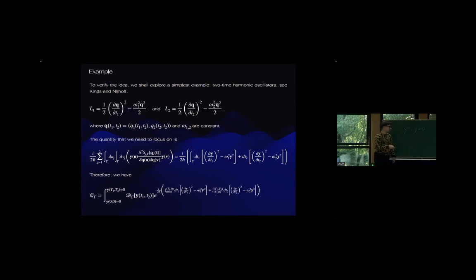And this means that the Q gamma in this system can be put in this way. And so what we're going to do next is integrate by parts, and we get this one.